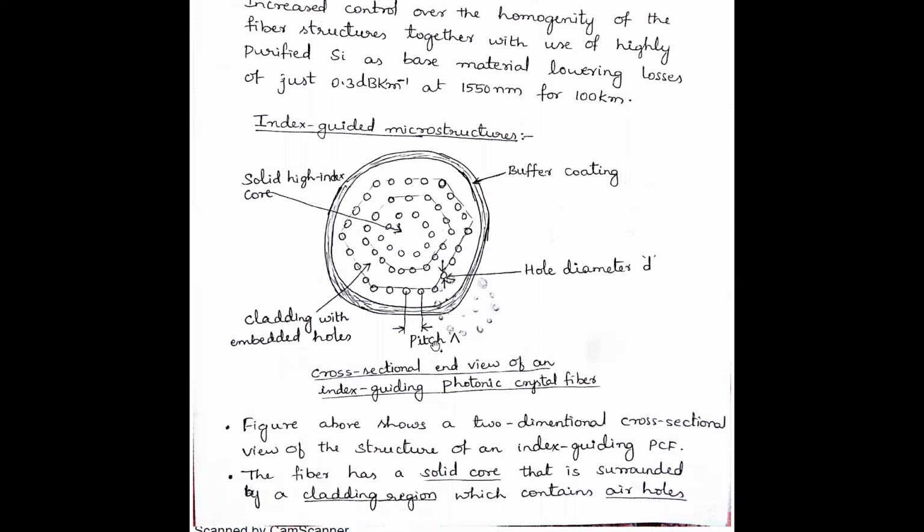Two parameters, one is the pitch and the hole diameter. Pitch and the hole diameter will decide in what wavelength and what is the bandwidth in which the optical fiber is going to operate. This is index guided microstructure where core is having the high refractive index, and the cladding is made up of uniformly arranged circular or hexagonal shape air holes.